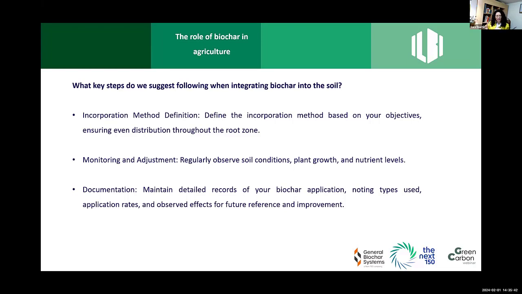In order to do that, it's necessary to do documentation. Look at what is happening with my plant growth, with my nutrient levels when I apply biochar. This is a tool for you to make adjustments in the future.